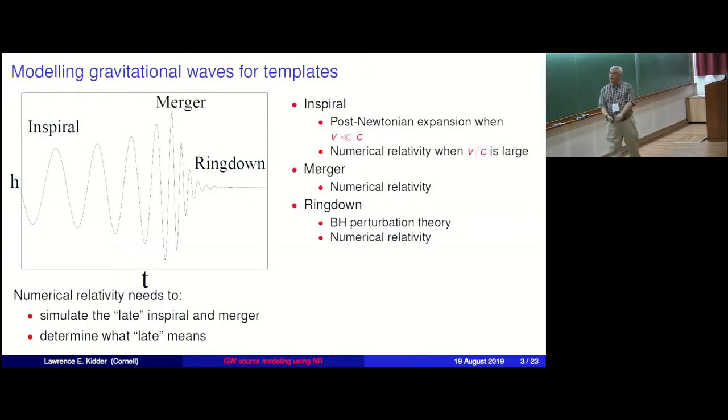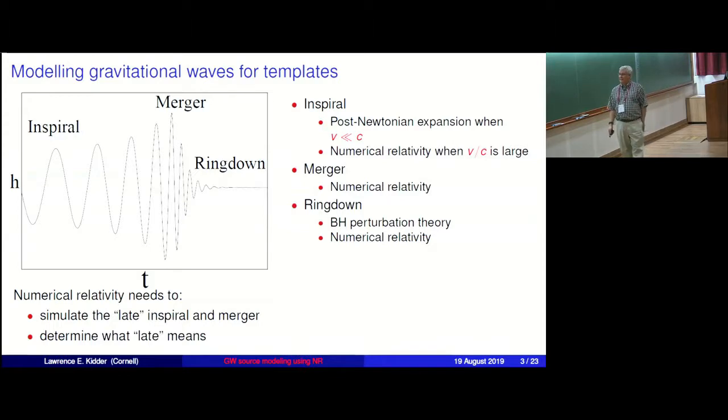So why do we need numerical relativity? Well, the inspiral, as we've seen, can be well modeled using post-Newtonian methods when the velocity is much smaller than the speed of light. Numerical relativity needs to take over when v/c is large, and to go through the merger and the ringdown. The ringdown can also be studied using black hole perturbation theory, where you just perturb a stationary black hole solution.